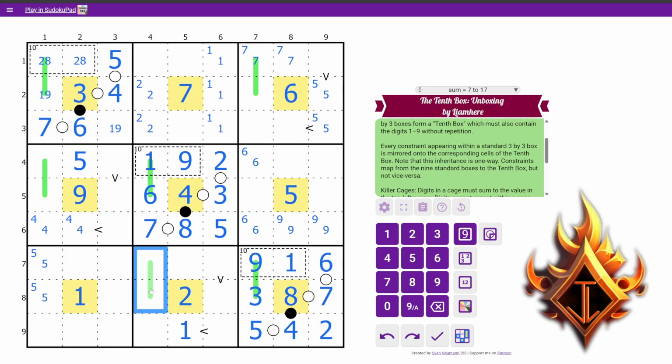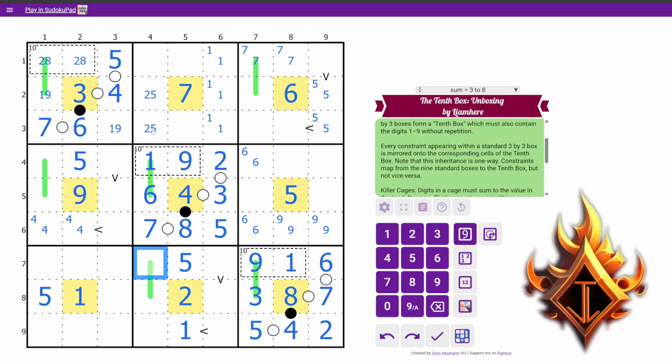Five cannot be here. There we go. 5 is there. 5 is there. 5 is in one of these now, and that will be a combo with 2. Looking down at this line, maybe.